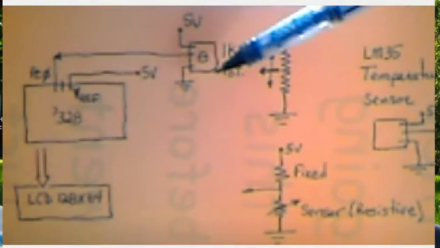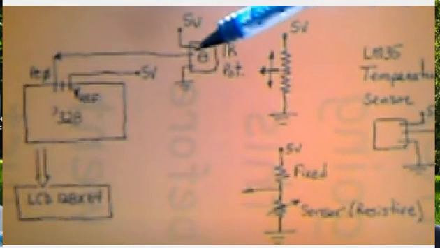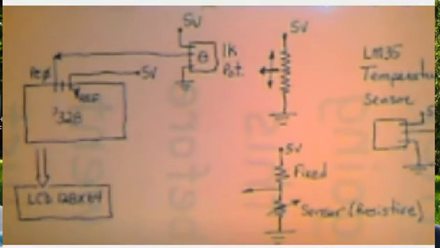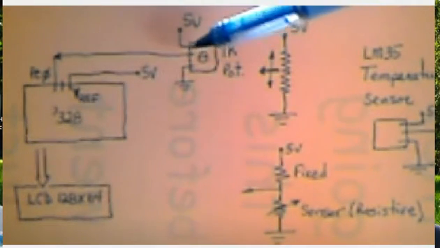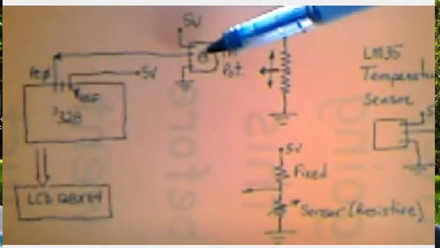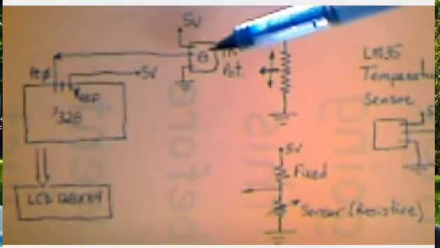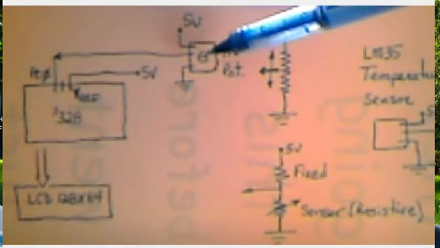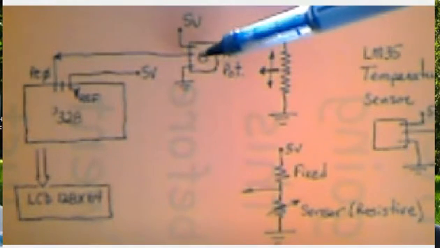So we want to make sure that our signals coming from the sensor stay within 0 and 5 volts. This picture is showing a potentiometer that we could use. The potentiometer in this case has one leg connected to 5 volts and the other leg connected to ground. The middle connector from the potentiometer will be some value between 0 and 5, depending upon how you move the wiper, this little dial right here.